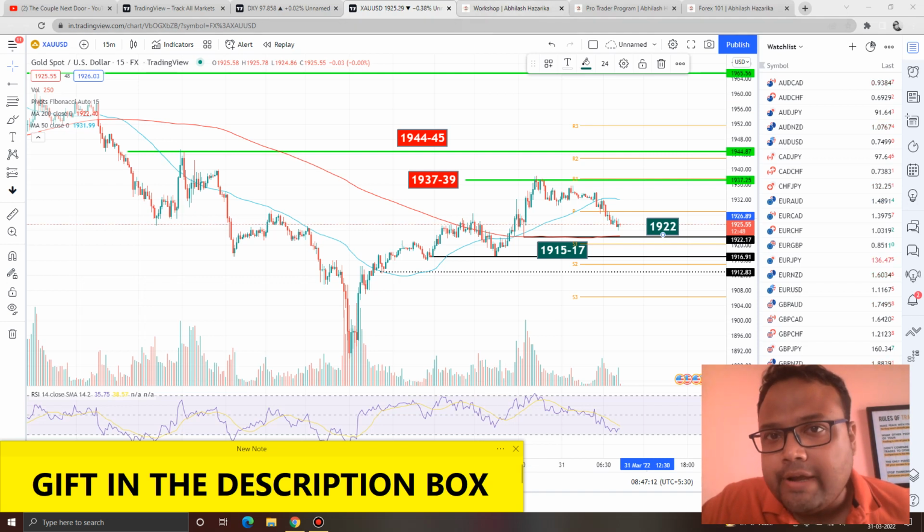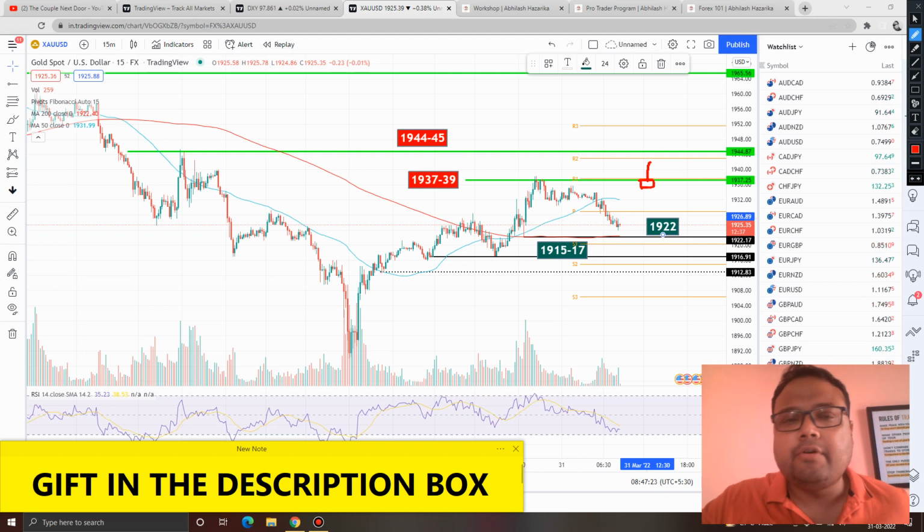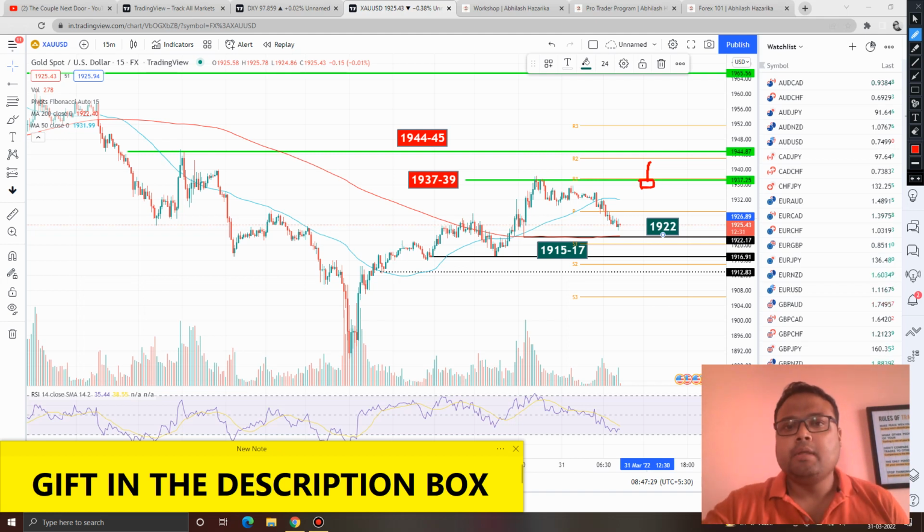Combining these two factors, there is a good possibility that if the market goes up, it will find some resistance, some selling pressure around this level. And if we see a shooting star kind of pattern or any good price rejection around this level, we can go for a sell as well during the day.